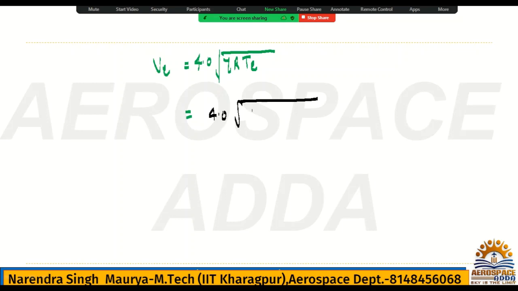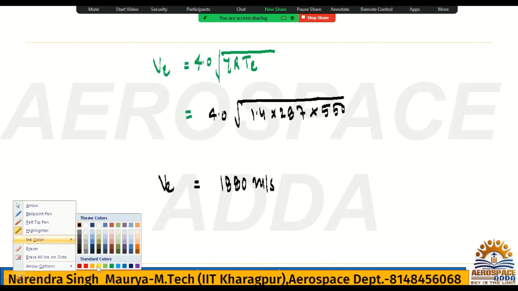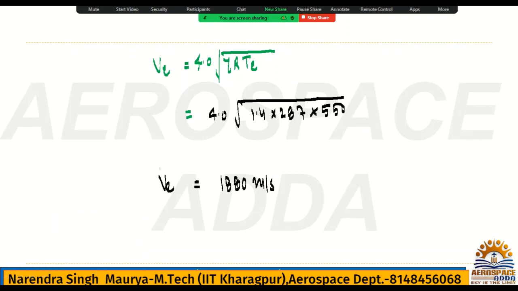Gamma is 1.4, R value 287, TE is 550. This is the value. Now if you calculate VE, check. The approximate value you will get is 1880 meters per second. This is what the exit velocity. Yes or no? This problem is also for 2 marks.